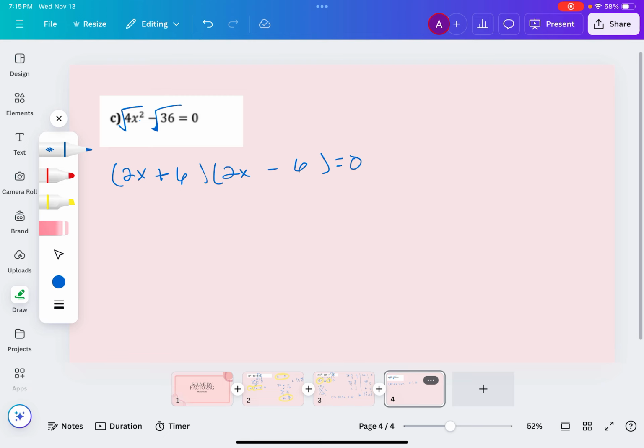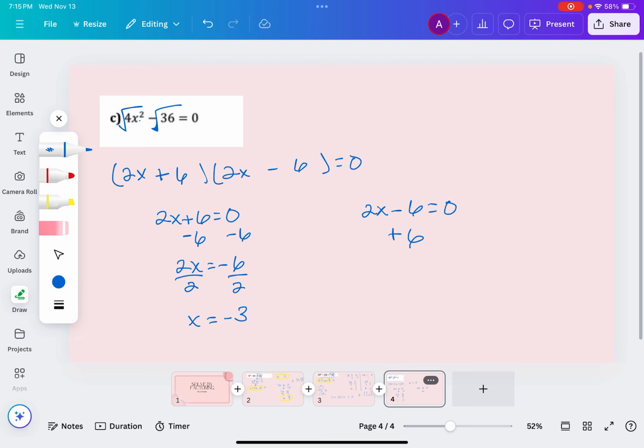Okay, so then we have factored, and now we can solve. So let's separate this. So 2x plus 6 equals 0. And 2x minus 6 equals 0. So minus 6, 2x equals negative 6. Divide by 2, divide by 2. So x equals negative 3.